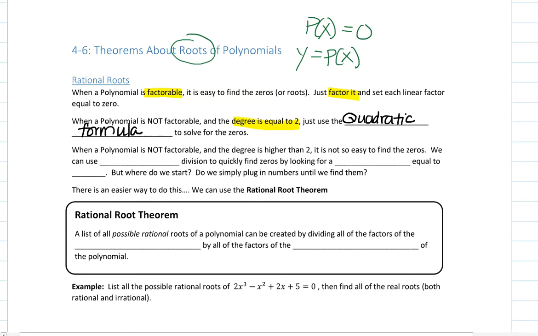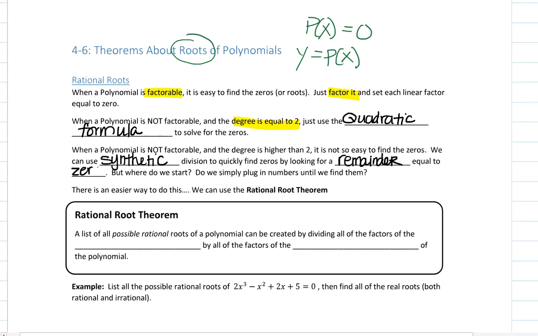When a polynomial is not factorable and is not second degree, it is not so easy to find the zeros. One thing that we can do is use synthetic division to quickly divide, and we can see if we can find zeros by looking for a remainder equal to 0. We did this previously.